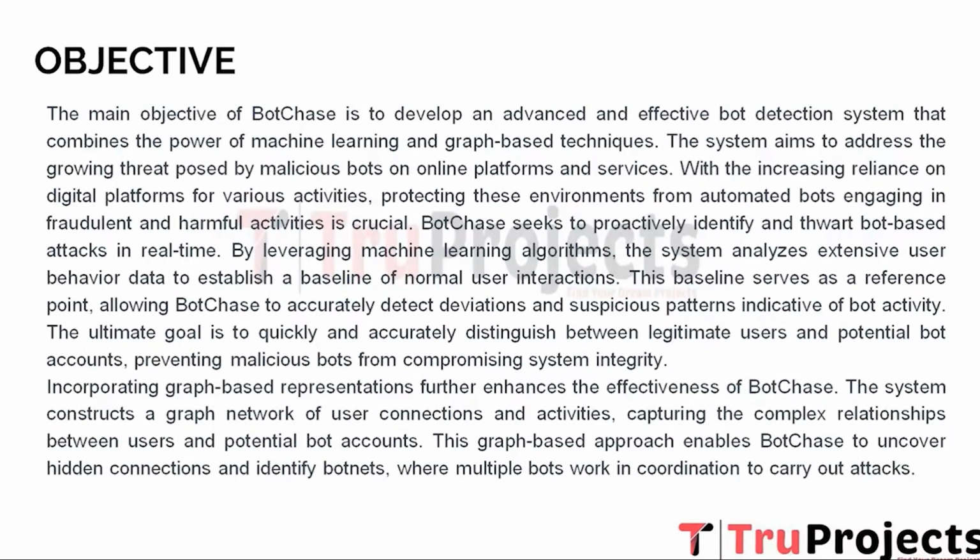BotChase plays a critical role in mitigating the risk posed by malicious bots, promoting trust and enabling a safer online experience for everyone. The system constructs a graph network of user connections and activities, capturing the complex relationships between users and potential bot accounts. The graph-based approach enables BotChase to uncover hidden connections and identify botnets where multiple bots work in coordination to carry out attacks.